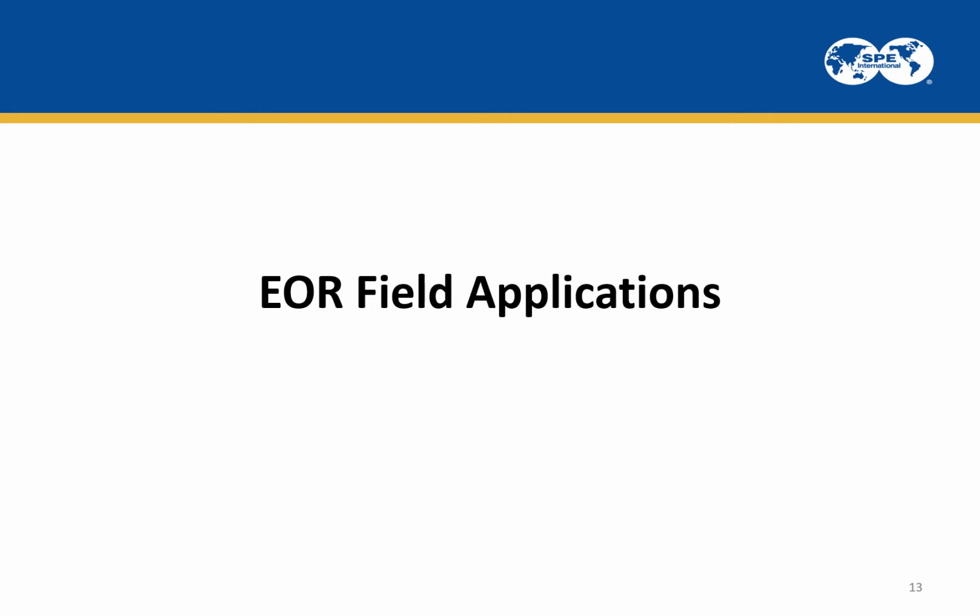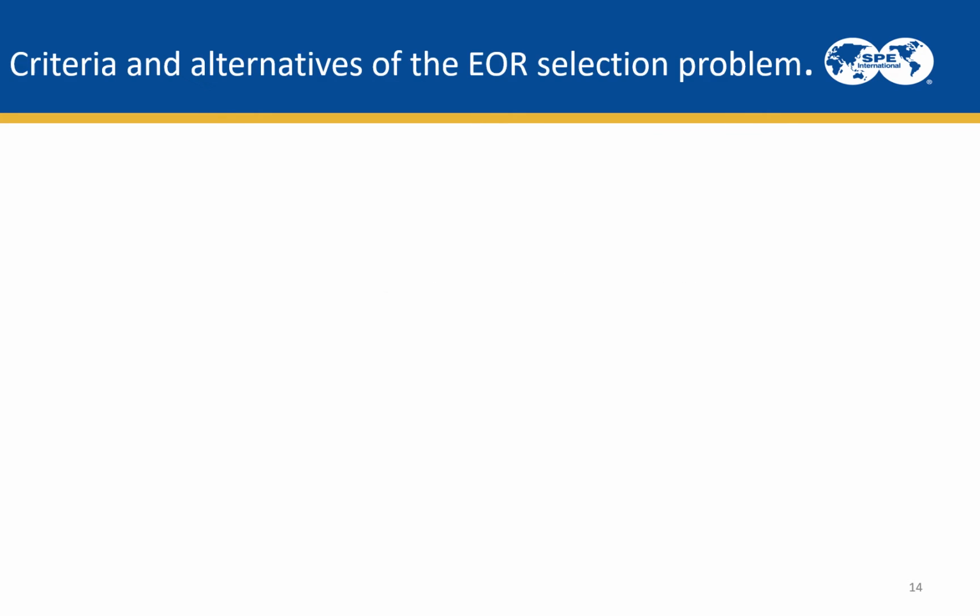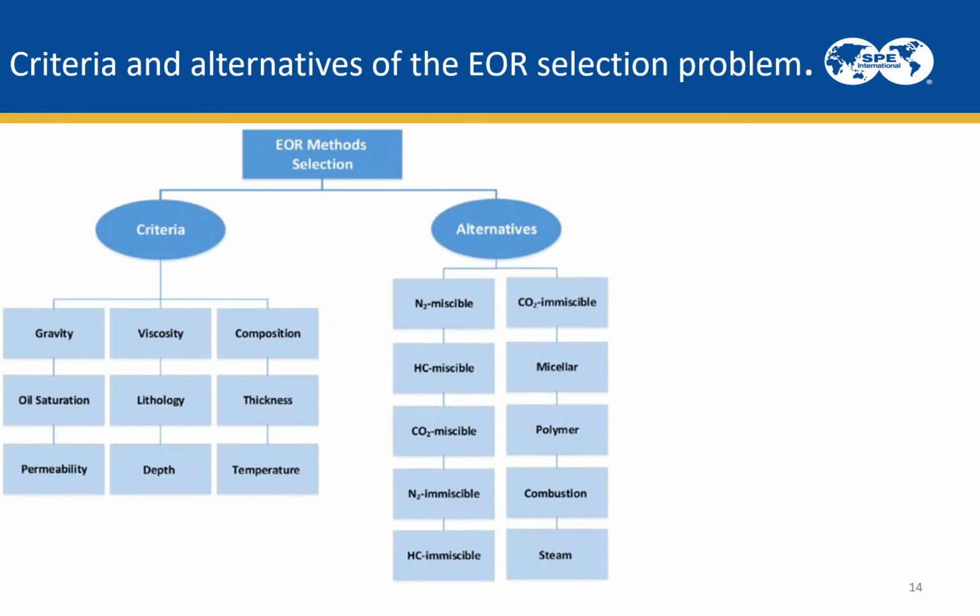The second part is talking about EOR application. One of the important things for EOR method selection is that there are criteria and there are methods. In order to select the best method for your field, you have to look at your gravity, viscosity, composition, oil saturation, lithology, thickness, permeability, depth, and temperature of your reservoir.